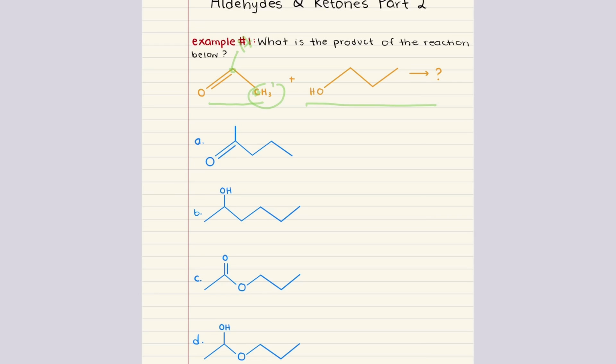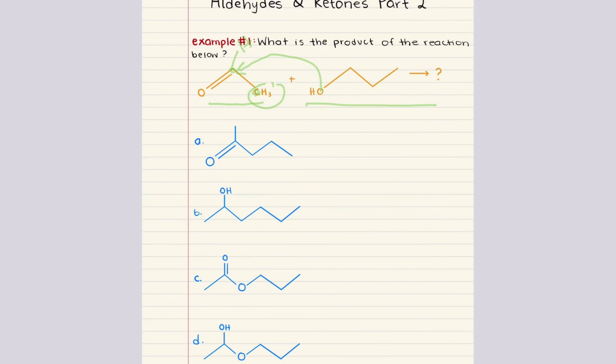Since we're reacting one equivalent of aldehyde with one equivalent of alcohol, the product formed is going to be a hemiacetal, which is the result of a nucleophilic addition of an alcohol to an aldehyde. In the mechanism, the nucleophilic oxygen of 1-propanol attacks the electrophilic carbonyl carbon of ethanal.